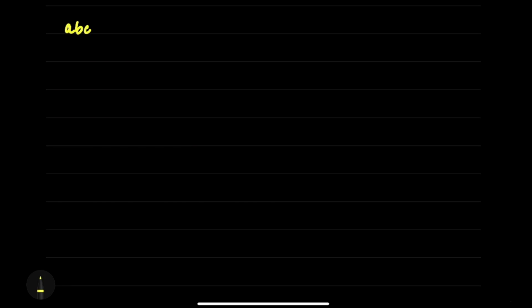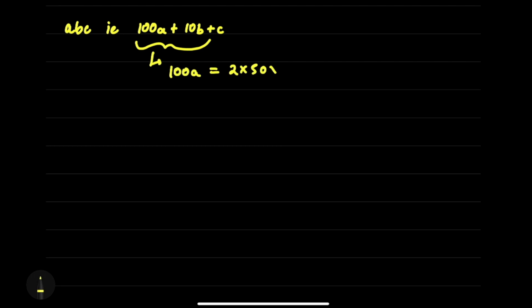Let's look at a 3-digit number ABC. It can also be written as 100A plus 10B plus C. Let's now evaluate this. 100A can be written as 2 into 50 into A. As 2 is in the factorization of this number, it is a multiple of 2. Similarly, for 10B, we have 2 into 5 into B, which is again a multiple of 2.